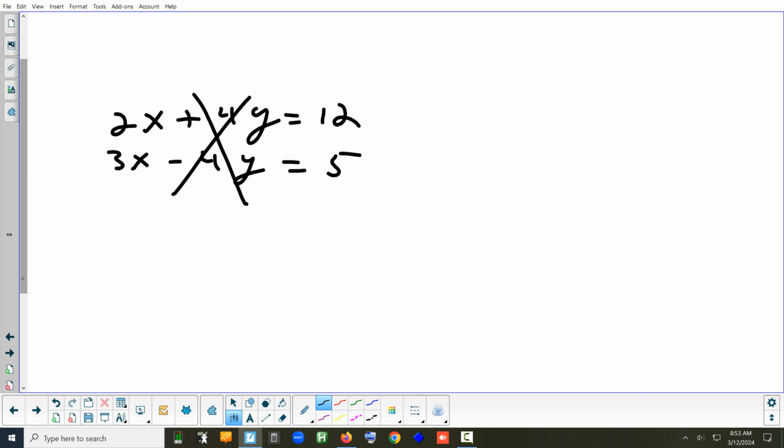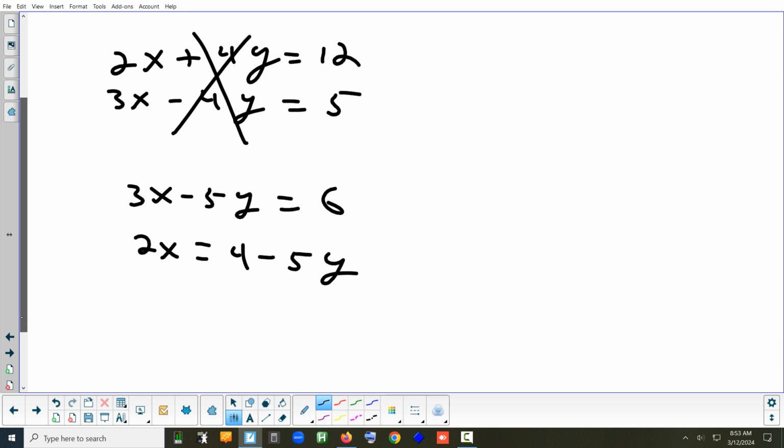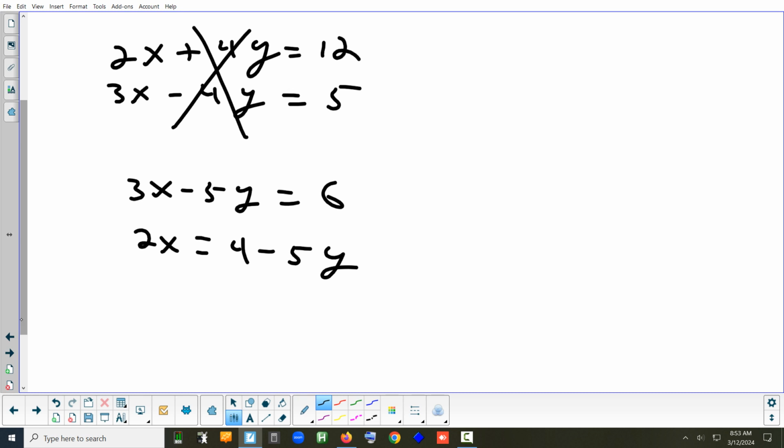And then the second type, something like 3x minus 5y equals 6, and 2x equals 4 minus 5y. Now, if we look at that one, do we have the same letter, same number, opposite signs? No. The way it's written right now? No. But if we fix it, so we put the 5y on the other side, how would this negative 5y move to the left?